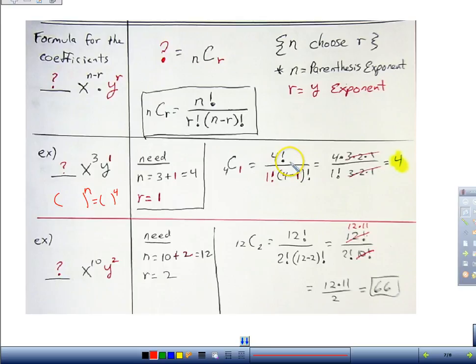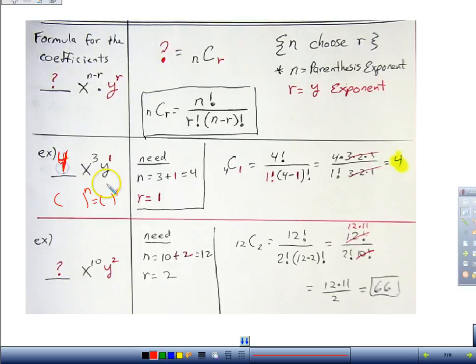Let me remind you that 4 factorial is 4 times 3 times 2 times all the way till you get to 1. And 4 minus 1 factorial is 3 factorial, or 3 times 2 times 1. The 3 factorial can cancel out with the 3, 2, 1 in the numerator, leaving you just the 4. 4 divided by 1 factorial, or 4 divided by 1, is 4. So the answer here is 4.